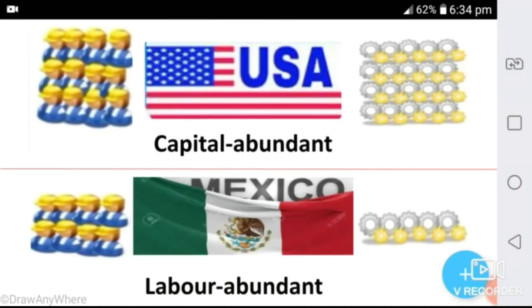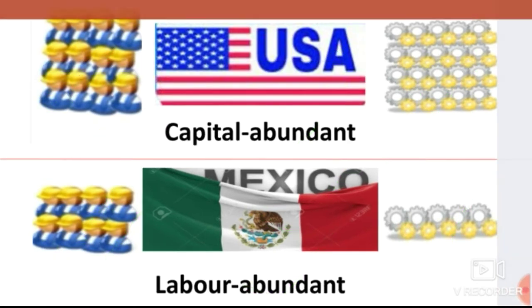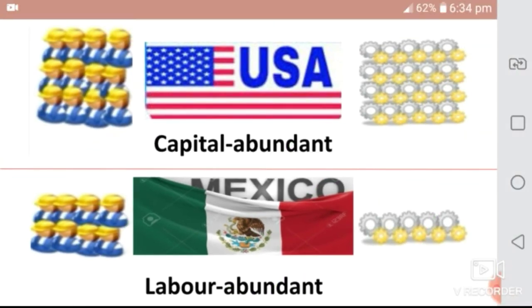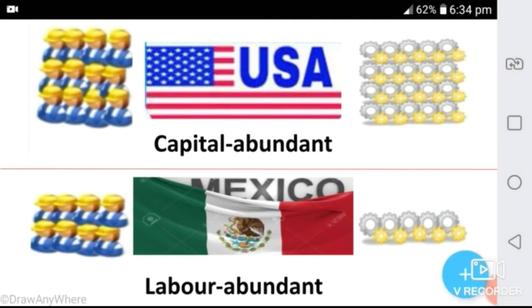Here there are two countries, USA and Mexico, and this is the labor and this is capital. Based on the size of these images, think about which country is capital abundant and which country is labor abundant. See that there is more capital per worker in the United States.